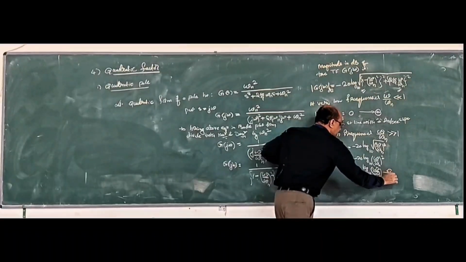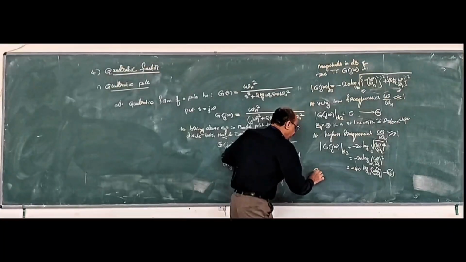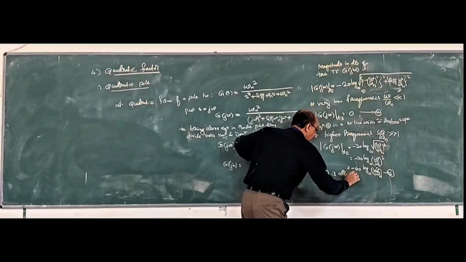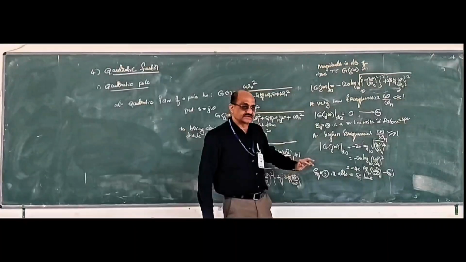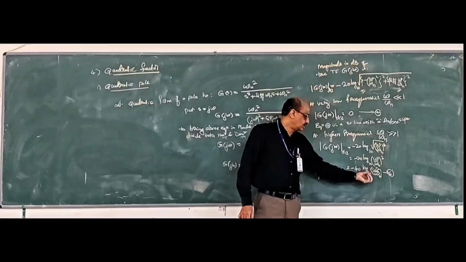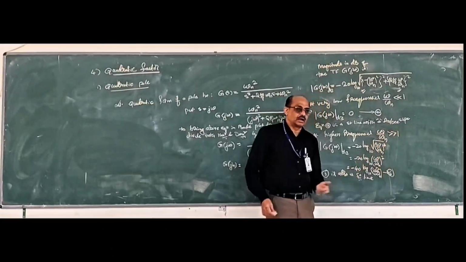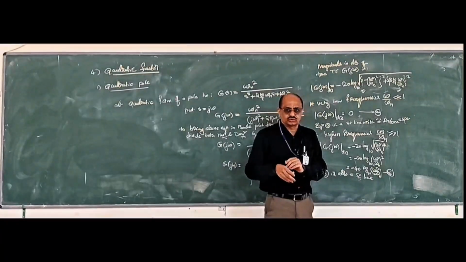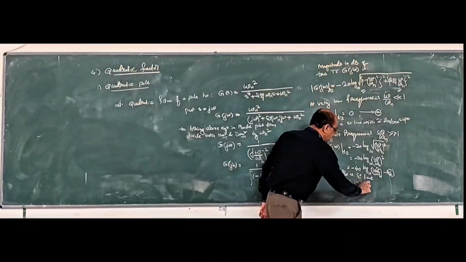So this equation is B. Equation B also represents a straight line. Log of omega by omega n can be written as log omega minus log omega n. Omega n is constant, so it is in the form of y equals mx plus c.